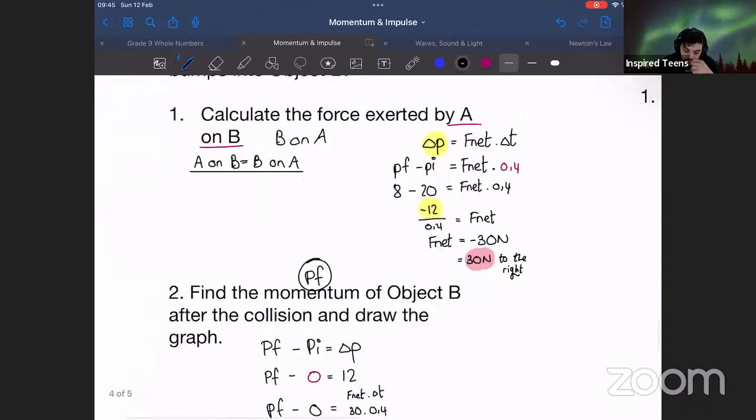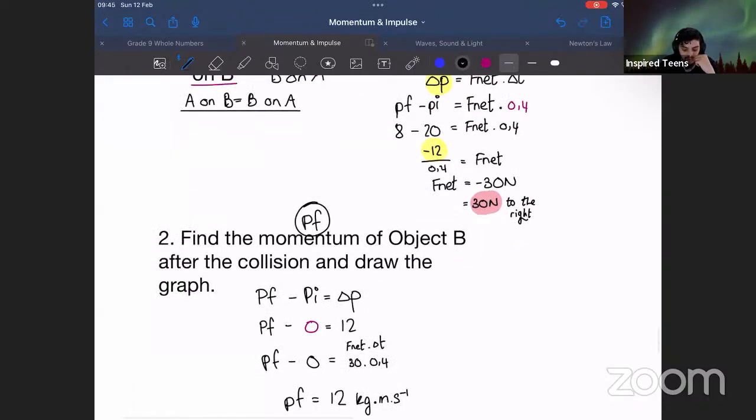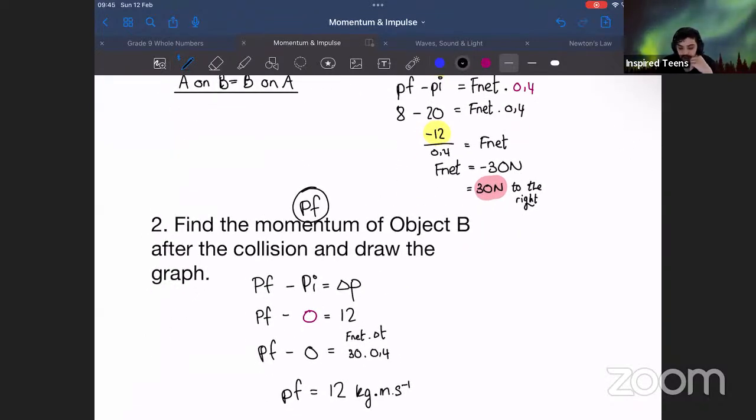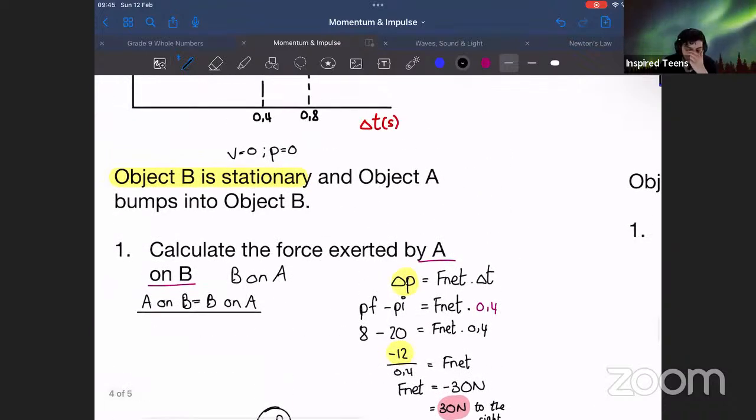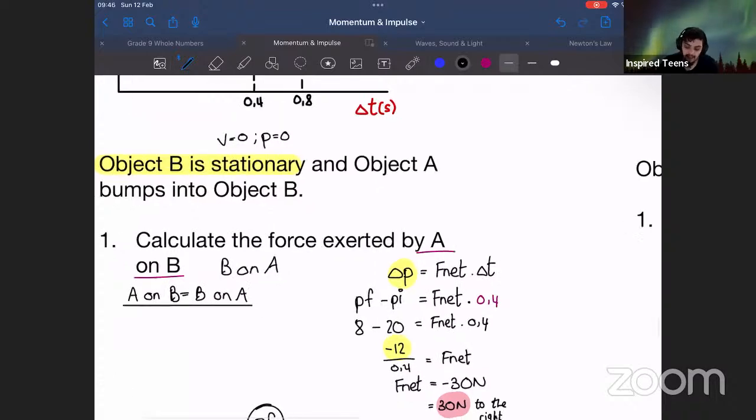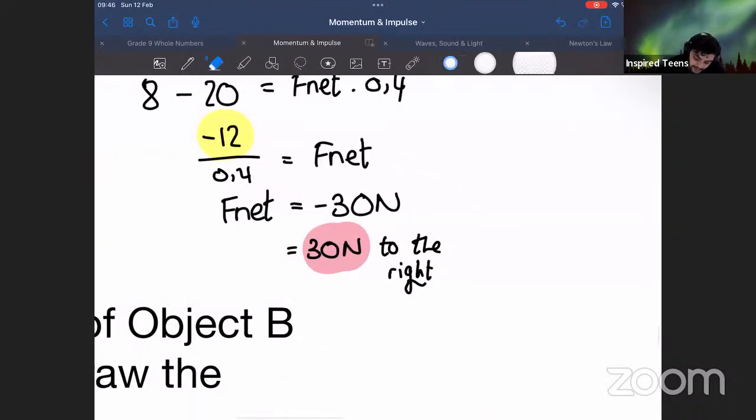Now, let's talk about find the momentum of object B. Actually, I just want to correct something quickly. They say calculate the force exerted by A on B. Because they are asking us to calculate the force exerted by A on B, this will actually be to the left.